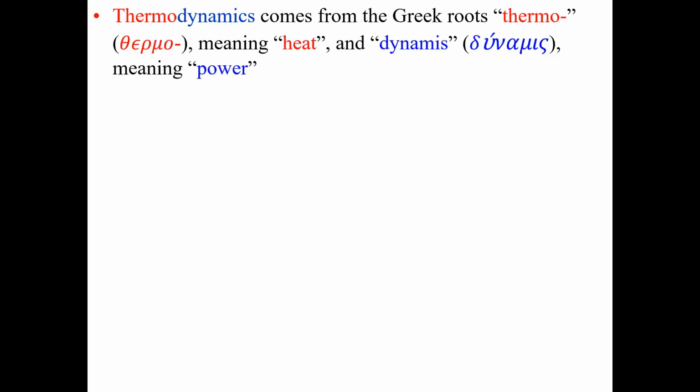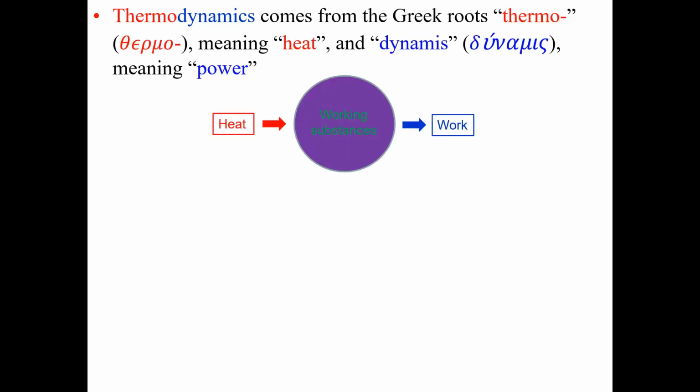So thermodynamics was originally developed to study how heat can be converted to power or mechanical work. Usually, this conversion from heat to work is made possible with the help of some working substances.